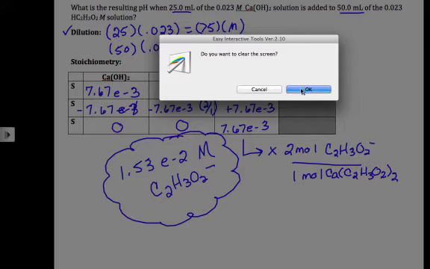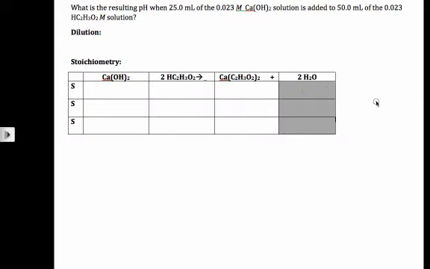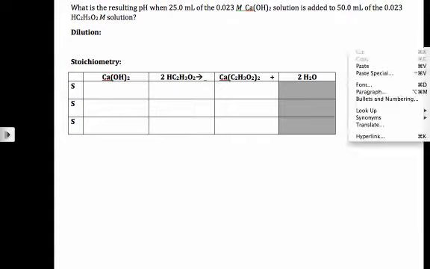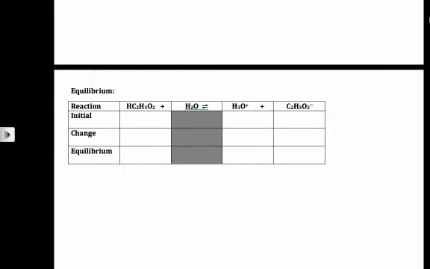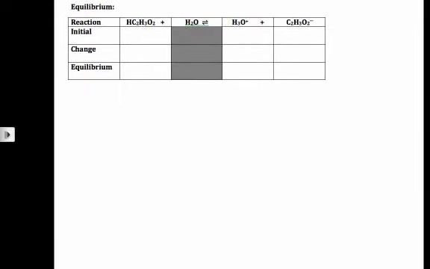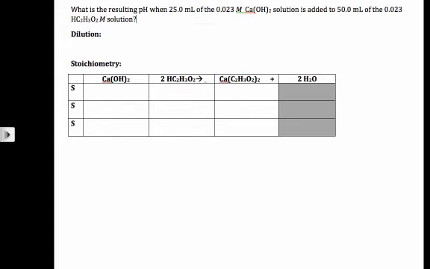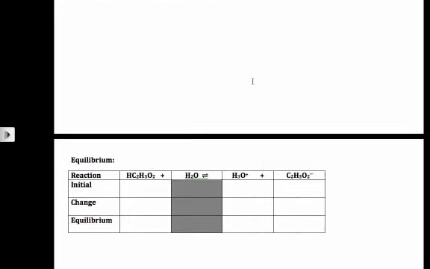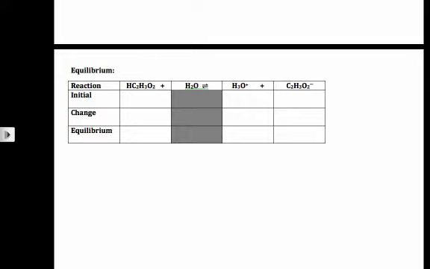So we're going to take that concentration of acetate. Because it's a weak conjugate base, we have to set up an equilibrium. I notice I have this wrong here, so I'm just going to fix this so that I don't have to restart my video.